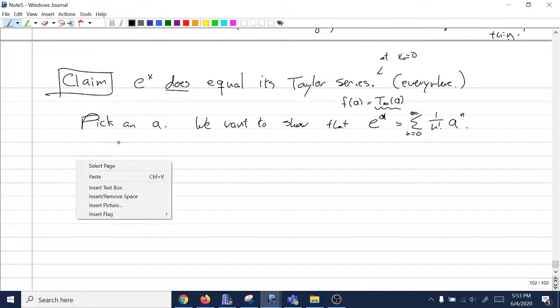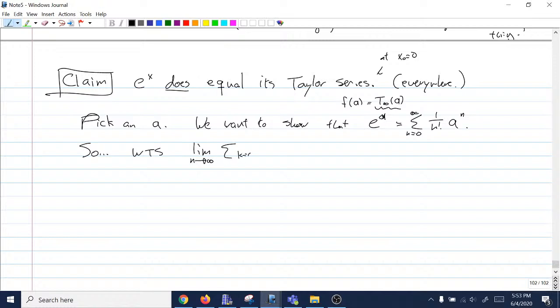So the right-hand side is defined to be the limit as n goes to infinity of the sum from k equals 0 to n of 1 over k factorial x to the k.